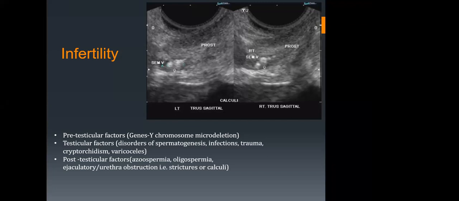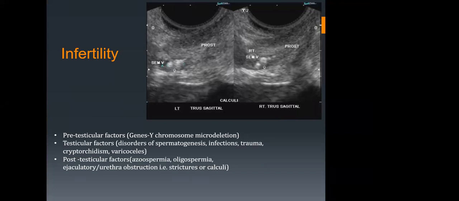Personally, I think it is like 1 in 500. Let's say for every 100 patients, you'll maybe get one where they are requesting a prostate ultrasound because they are querying it could have an effect on infertility.